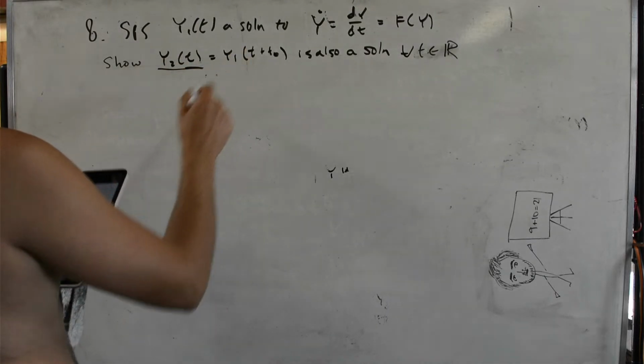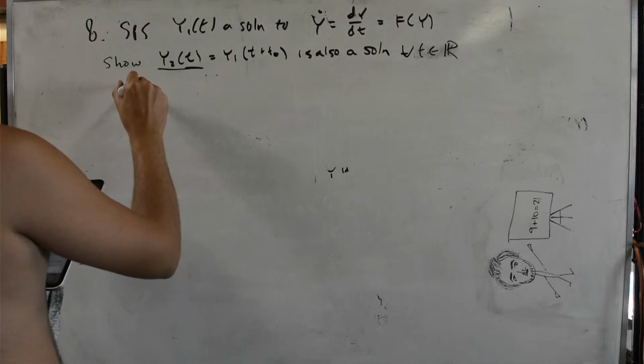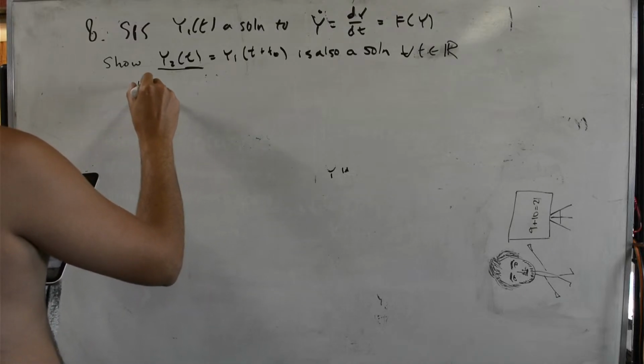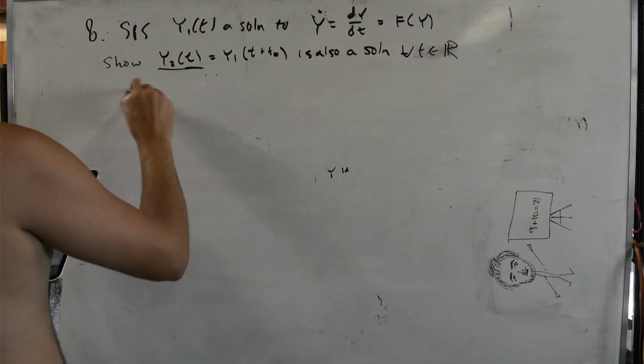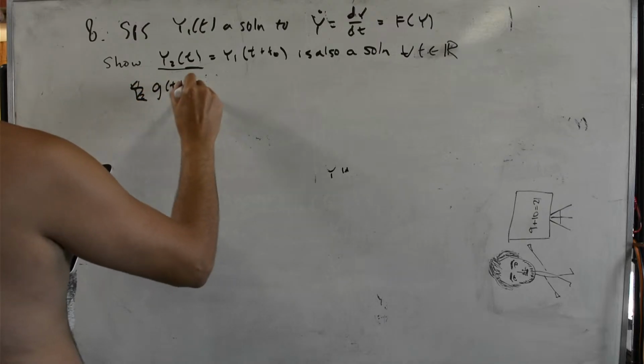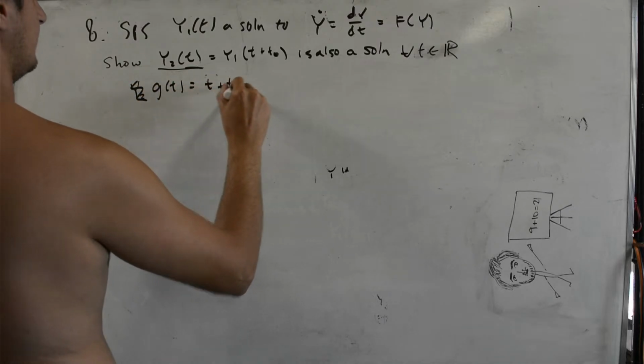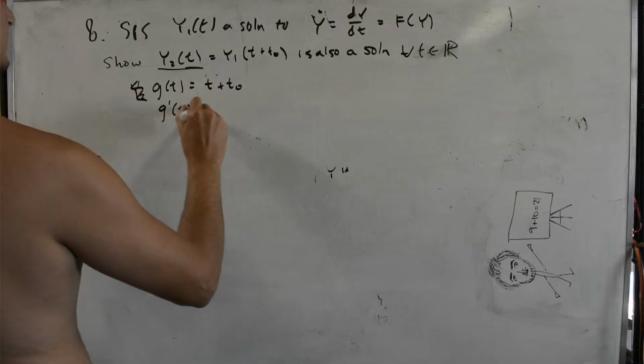We just know it's this. So we take y2. So okay, wait, here. We let g of t equal t plus t0. g prime of t is equal to 1.